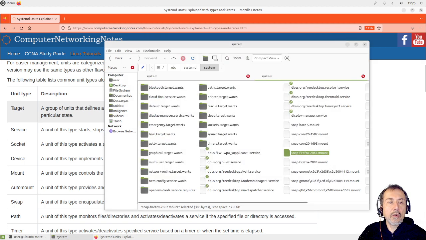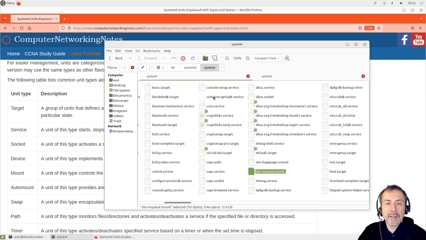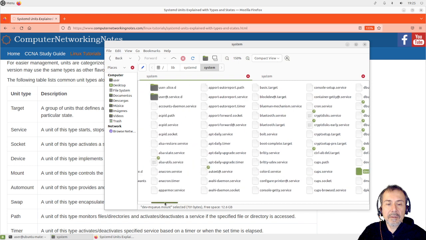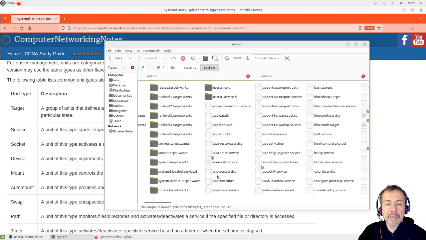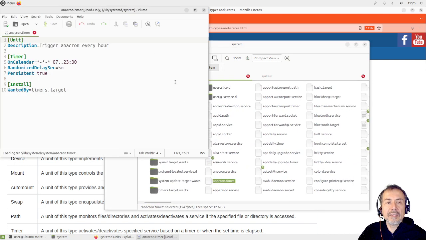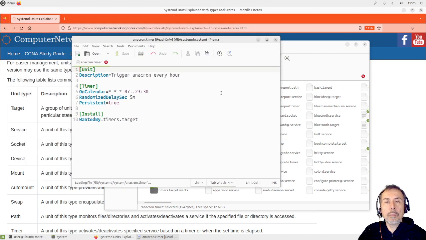Another important kind of unit are timers. For example, we have here the anacron timer and service. Timers represent things that will be done at given intervals.